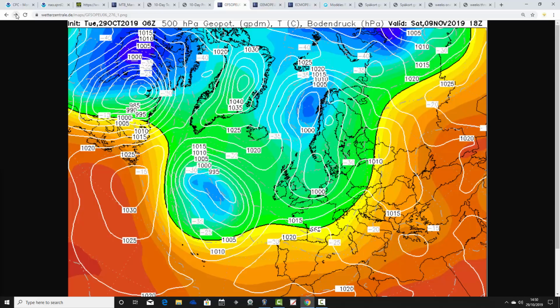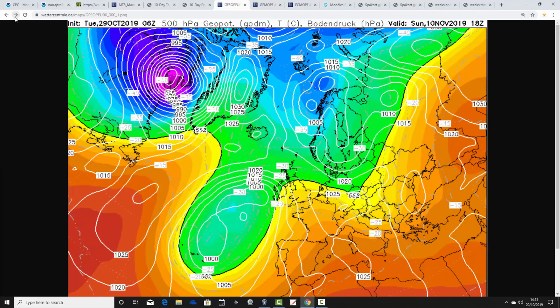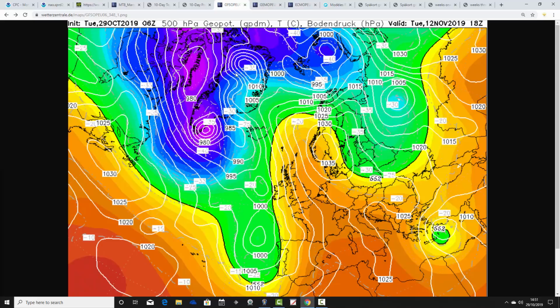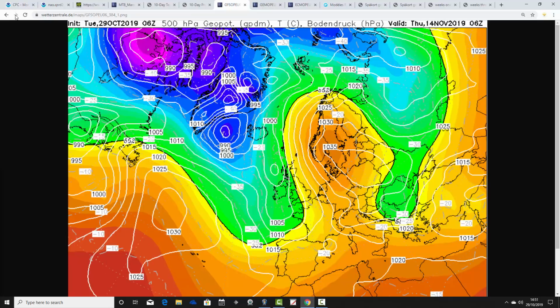We've gone a little bit beyond day 10, Saturday the 9th of November. That low pressure again is clearing out into the North Sea, but we've got more lows waiting in the wings in the Atlantic. Those lows do sort of stall, though, to the west of Ireland on this particular GFS run, and we start to pull up some much milder and much warmer air from the south, although high pressure is building over Scandinavia at the same time, but it doesn't look like that lasts very long actually.